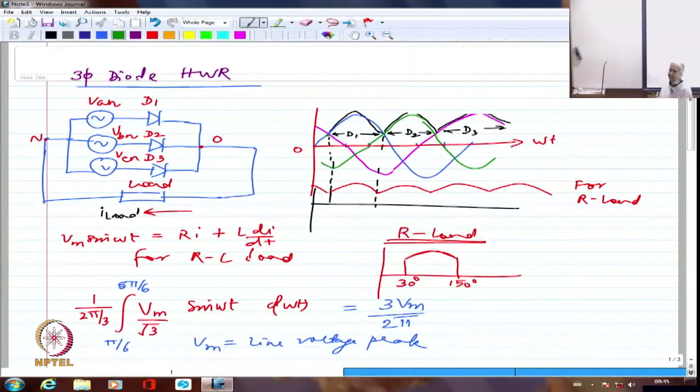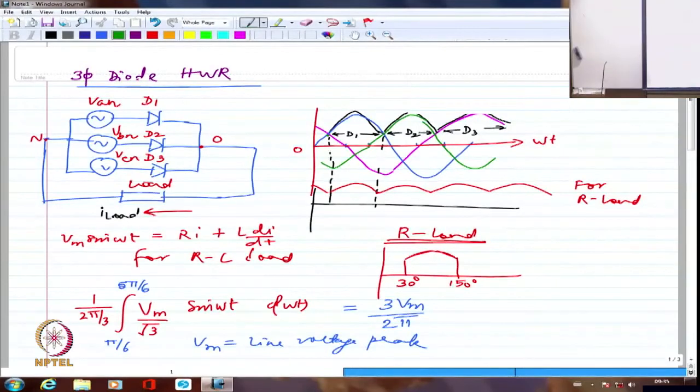If the device had been a diode, where it would have conducted, that happens to be delay angle equal to 0. So the reference will always be calculated with respect to diode. If the device had been a diode, it is exactly starting at this point, which is corresponding to omega t equal to 30. If I say at omega t equal to 0, my sinusoidal voltage corresponding to A phase is having its zero crossing. Right?